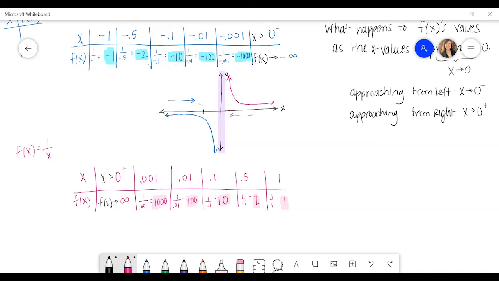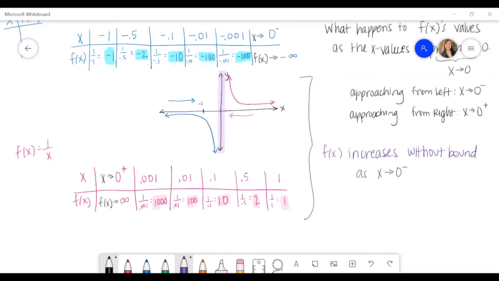Okay, so as we approach from the right, and we kind of put that up in here, right? What we kind of do with these two pieces of information. So these two kind of come together. You can see my purple line up here, but these two kind of come together, and we say f of x increases without bound as x approaches from the right.